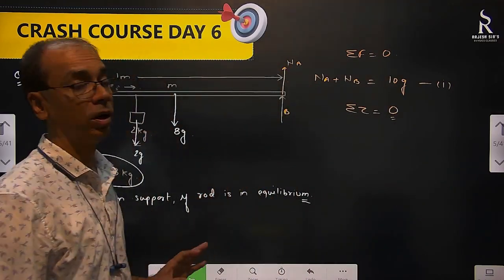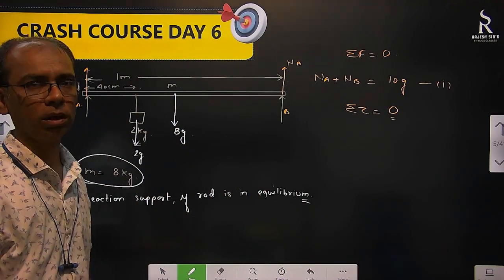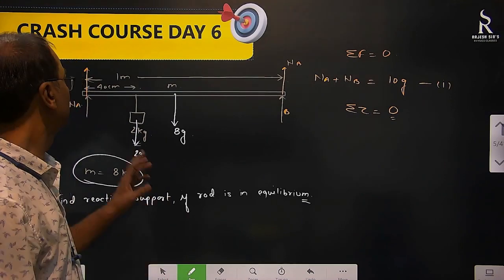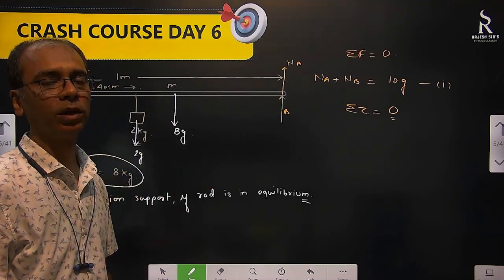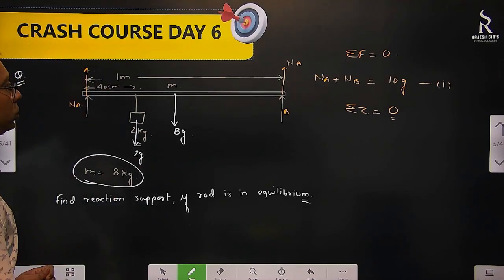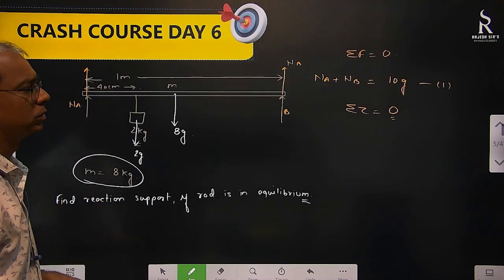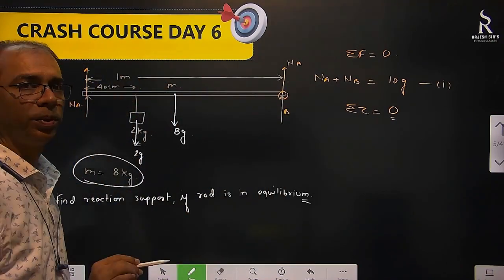Now, sigma of torque should be 0. About which point? Any point you take. Normally, we take either point A or the center or point B. From there only, we try to find the values. Let's take point B. We are going to say torque about B is 0.